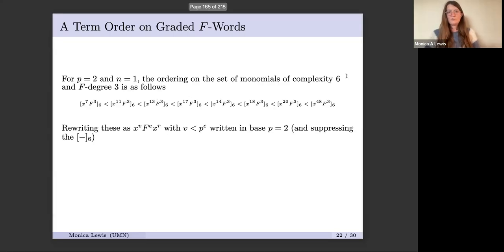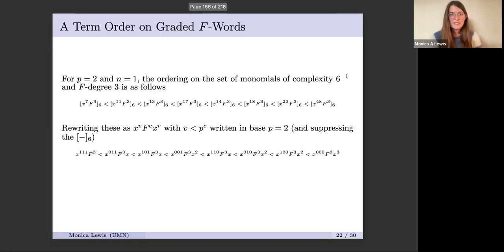It makes more sense if you write them out in the standard form and then put the prefixes in base 2, where you'll notice that we are exactly doing prevlex on the exponents of the x's. So we have all zeros, then 1 written backwards, 2 written backwards, 3, 4, 5 written backwards and forwards, and so on.